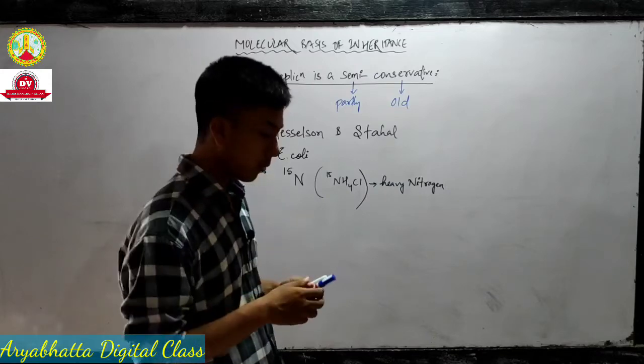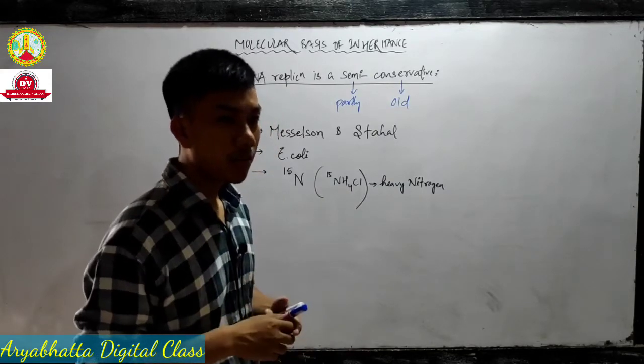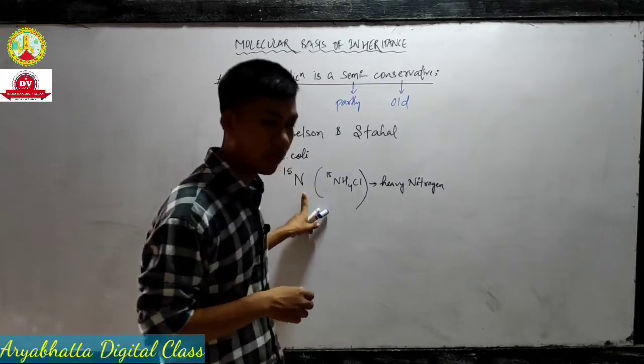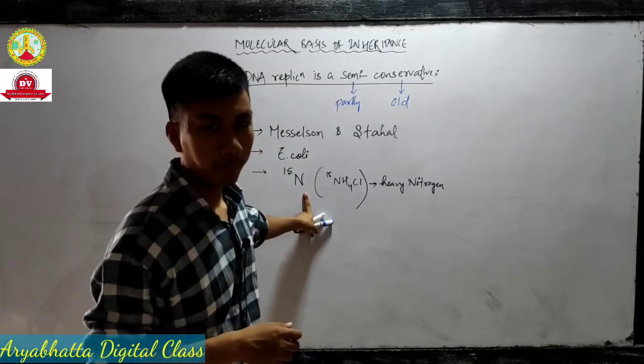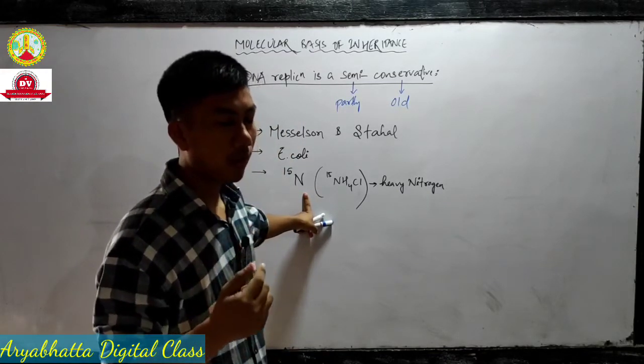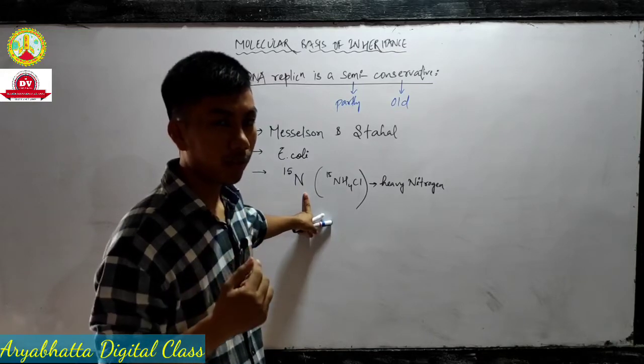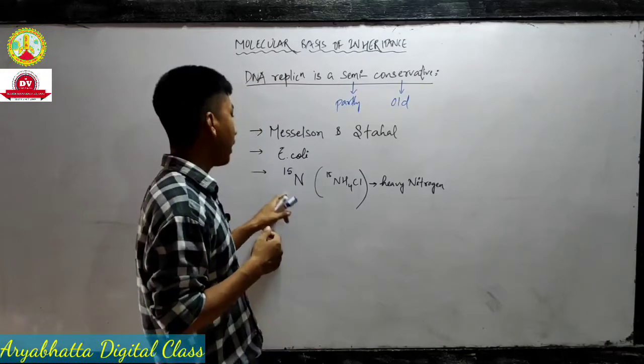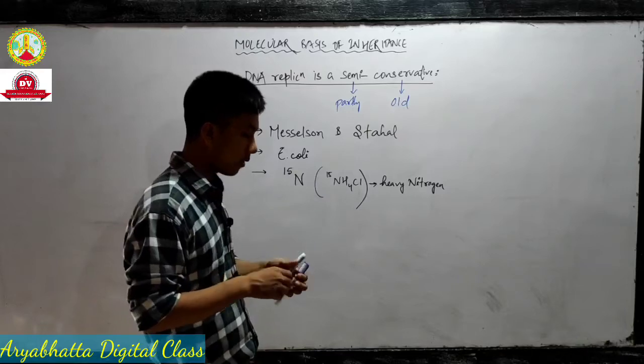So when bacteria take in N15, that is heavy nitrogen, of course their body will contain it, that means their DNA will contain N15.